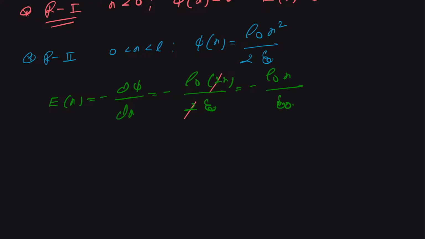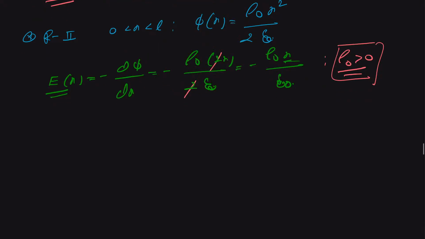From here we can say that the electric field is linear with respect to x and pointing in the negative x direction. The only condition is that rho naught should be positive. It should be mentioned in the question actually, but Ex is linear in x and pointing in the negative x direction.